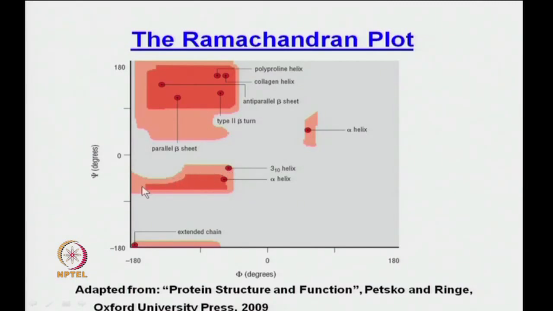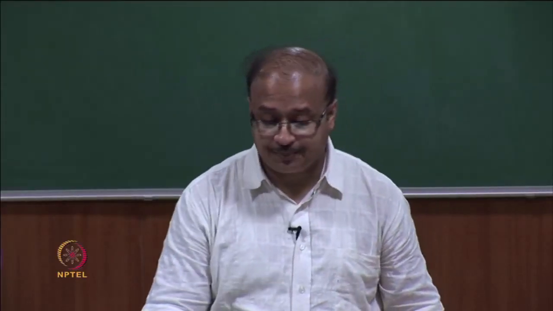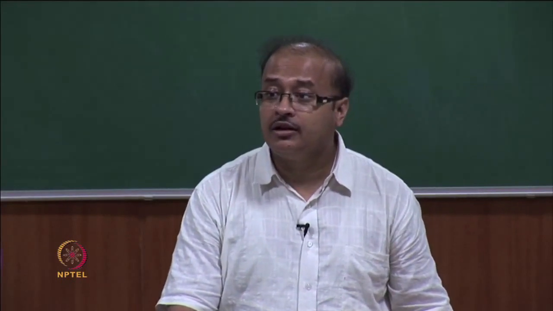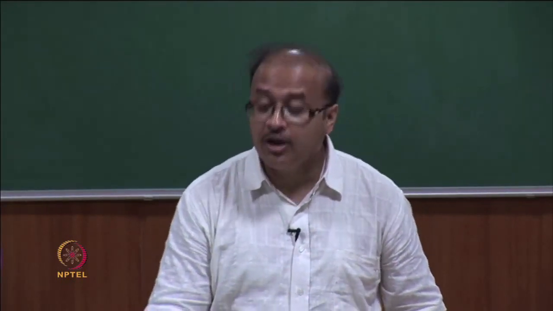So, this area is essentially dominated by your helix, this is your extended chain, this area it is a big one, it is dominated by your beta type of secondary structures, this was alpha helix, and this is another alpha helix, but can you tell me what this one belongs to? Yeah, you are right, it is the left handed alpha helix, or alpha is a right handed, that is the normal one we look into.